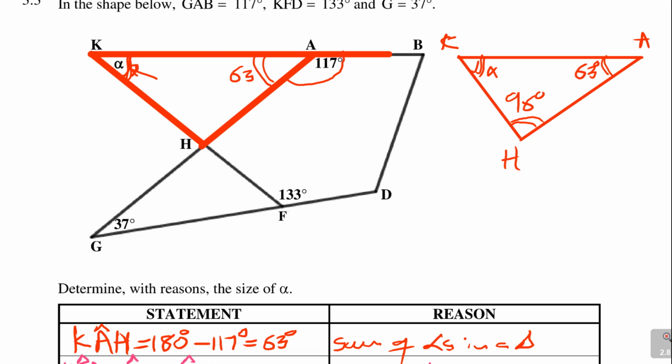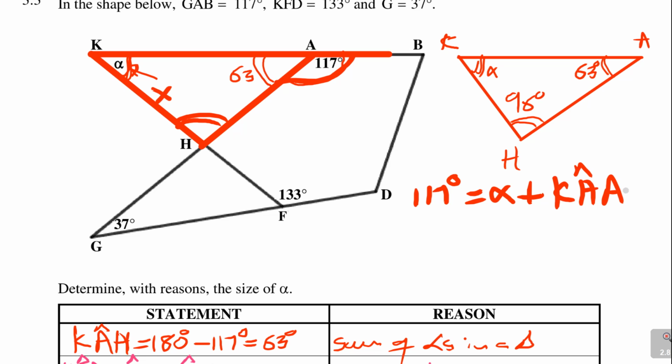You see? Now we know that this angle, if you add them, you get 117. Remember, exterior angle is equal to sum of opposite. So in a way, you could have said 117 degrees is equal to alpha plus this K, H, A. You see that?